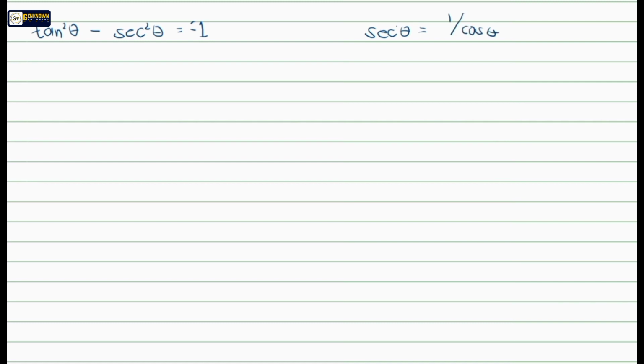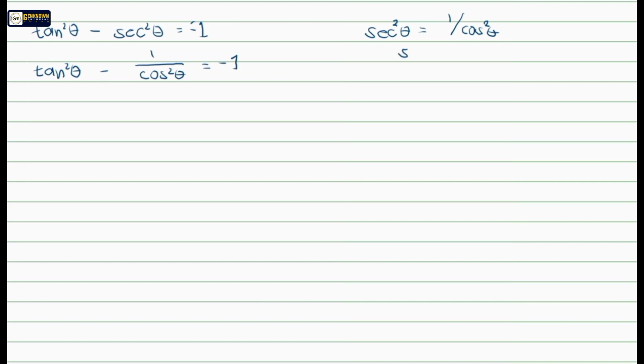Since it has an exponent of 2, secant squared theta is just equal to 1 over cosine squared theta. So we have tangent squared theta minus 1 over cosine squared theta is equal to -1.